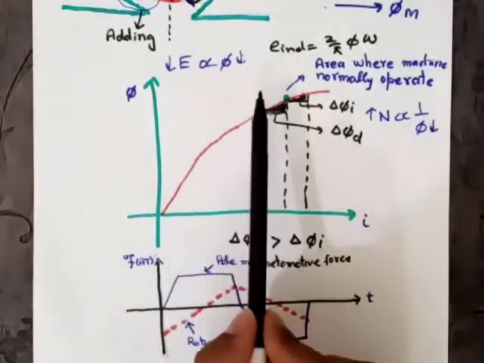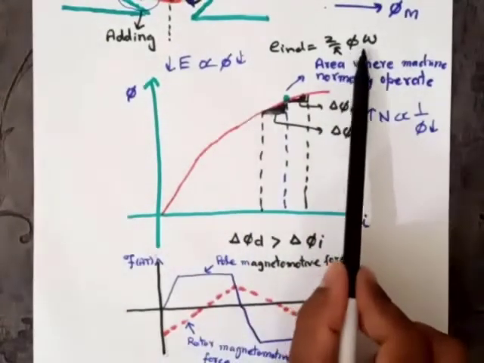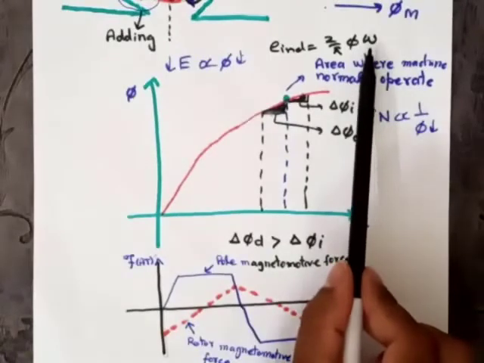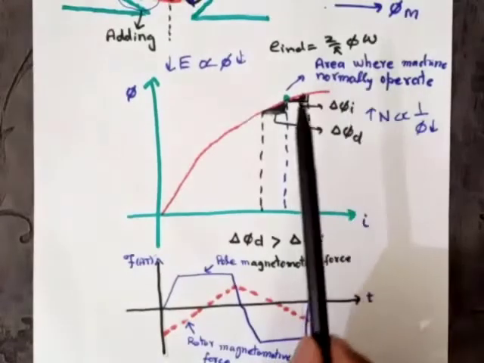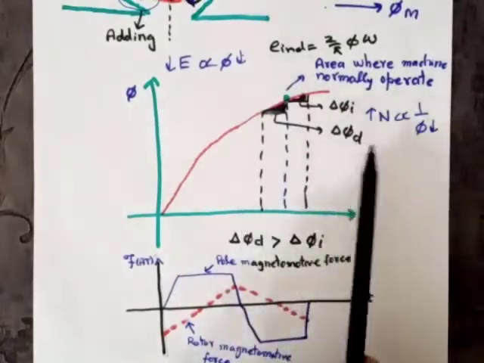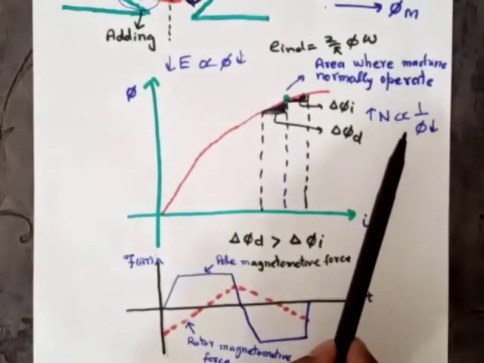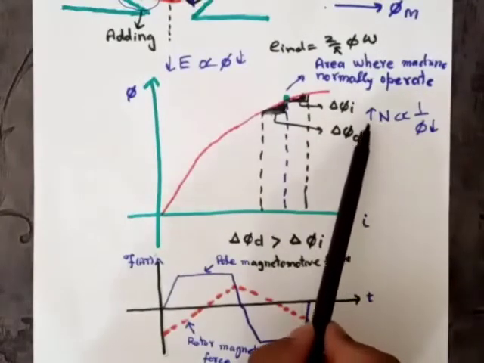In case of a motor, as we know, the flux and the speed are inversely proportional to each other. When the flux decreases, the speed of the motor will increase.